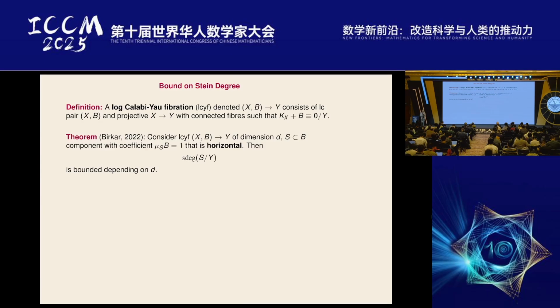And that was quite a surprising fact, that you put a really very minimal set of assumptions, but still you get this universal bound on the Stein degree. So that just says that the number of connected fibers of S over the base cannot be too large. It has to be universally bounded only in terms of the dimension. And that was quite surprising.